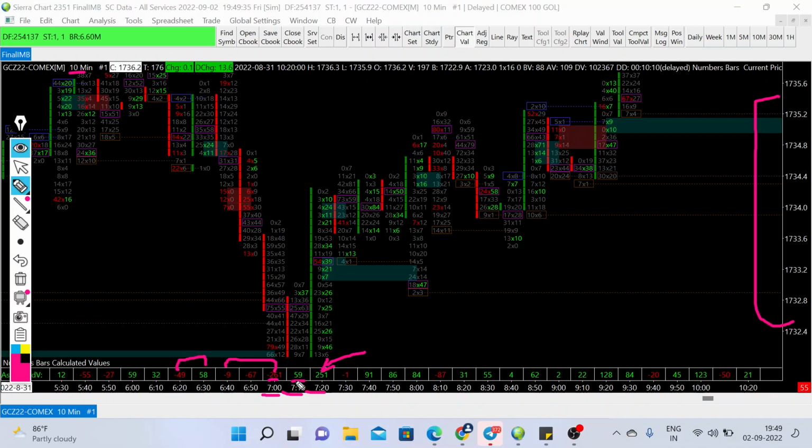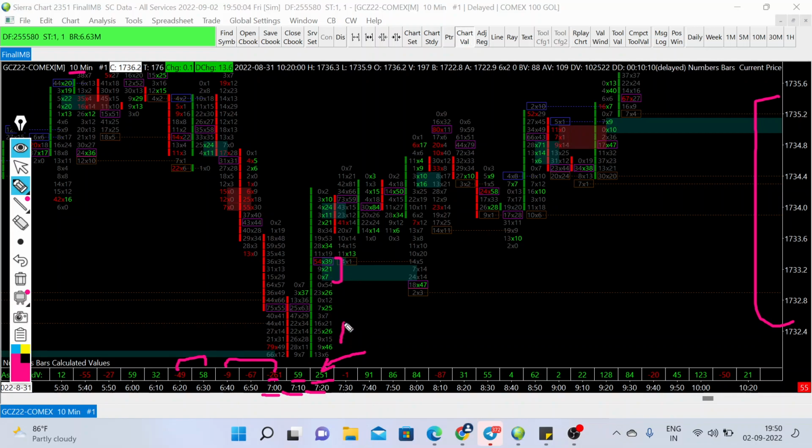That means now the trend is going to change, and along with this positive delta we have a buying imbalance in the candlestick. With the buying imbalance along with the positive delta, we have confirmation that buyers are buying aggressively at this level.